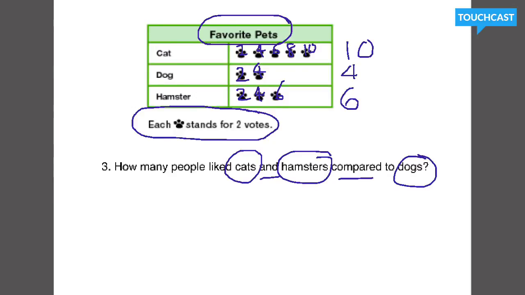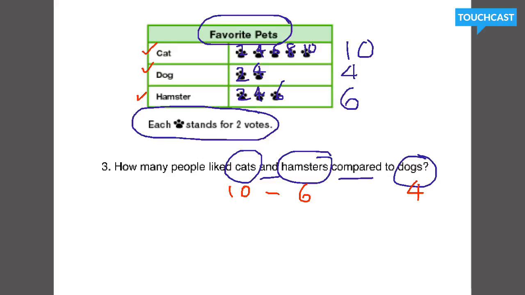All right, guys, let's see if you were correct. So I'm going to pull out the information that I need, and I'm going to use a brighter color. Okay, I need cats. Cats, that's 10. I need hamsters. Hamsters, that's 6. I need dogs. Dogs, that's 4. So I need all that information. Now, if I have cats and hamsters, what operation should I do? Cats and hamsters.